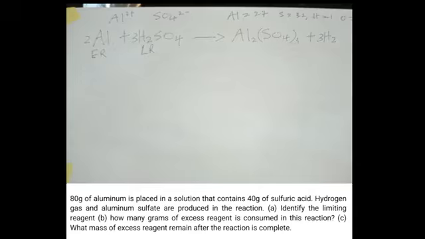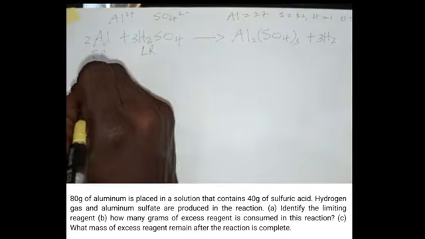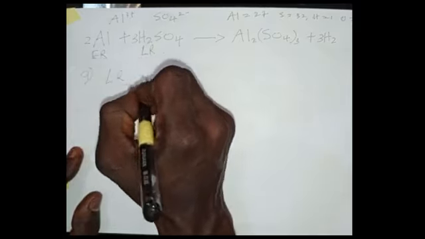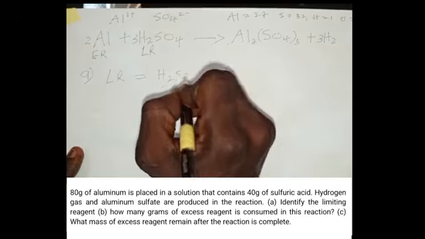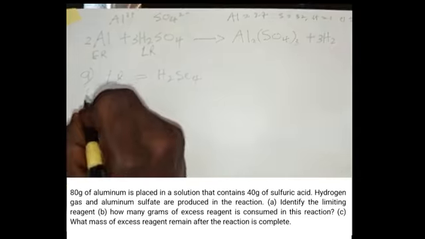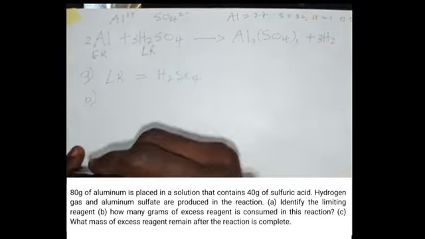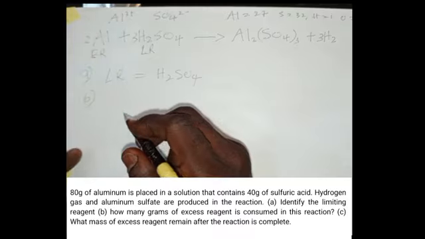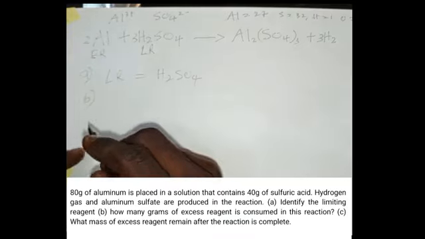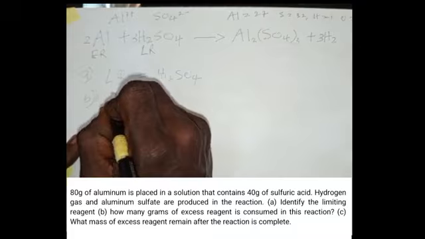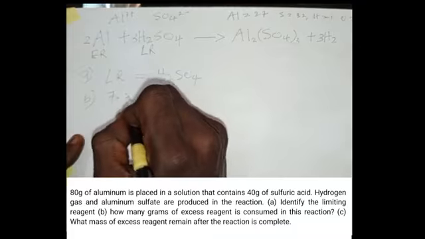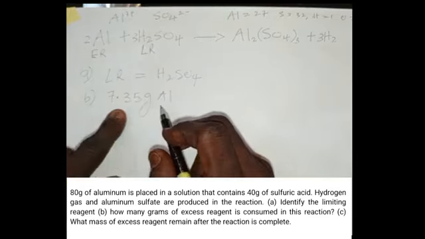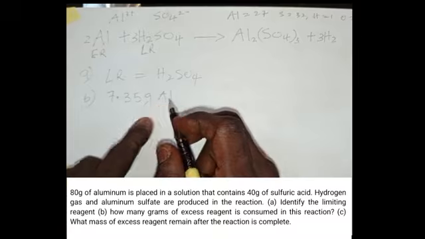So in summary, the A part of the question was asking for the limiting reagent. So the limiting reagent is H2SO4. Then the B part was asking for the amount of excess reagent that was consumed in the reaction, and we did our stoichiometry and we got it to be 7.35 grams of aluminum. So this is the amount of excess reagent that was consumed in the reaction.